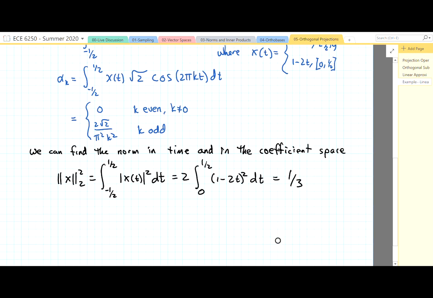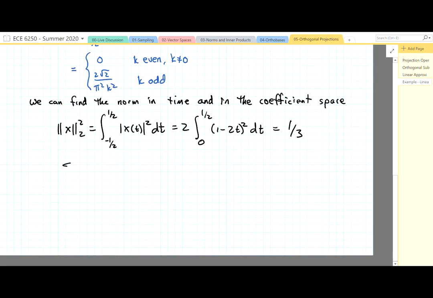Okay, if instead we did it in the coefficient space, we would have the sum from k equals 0 to infinity of alpha k squared. This is kind of crazy. Okay, so alpha 0 is 1/2 squared, or just 1/4. I'm sorry, alpha 0. Okay, there.